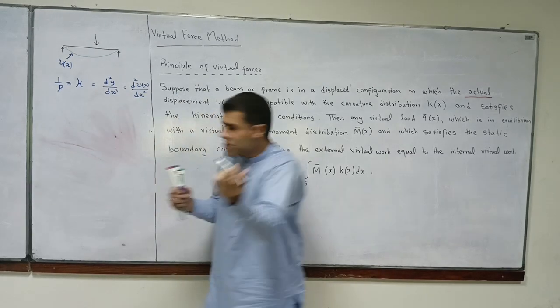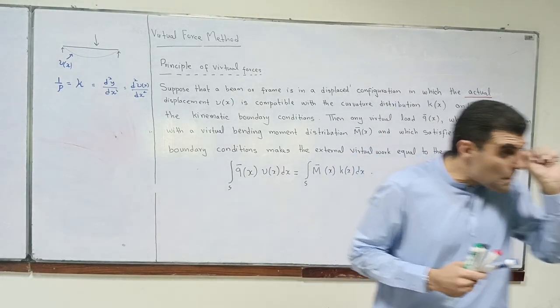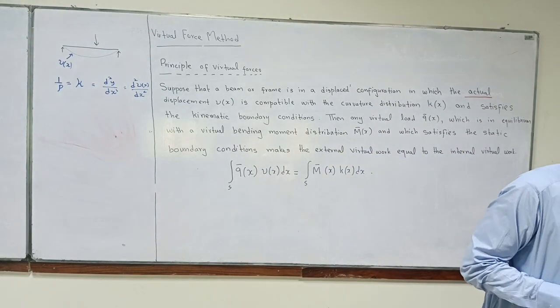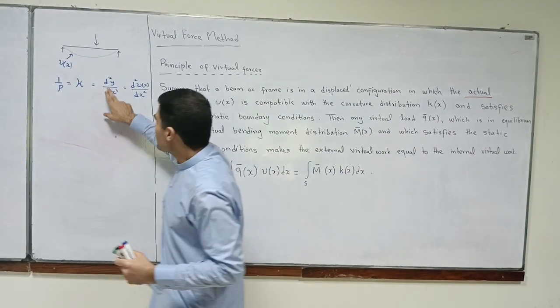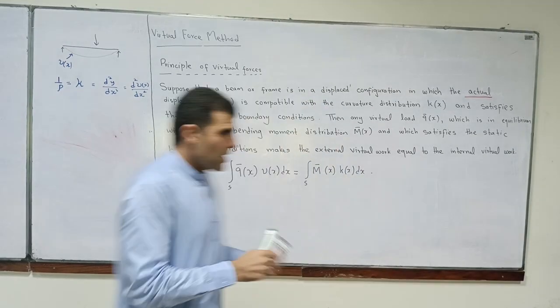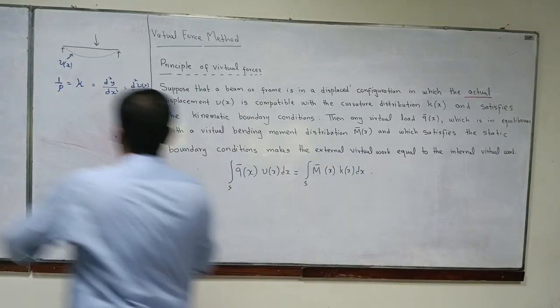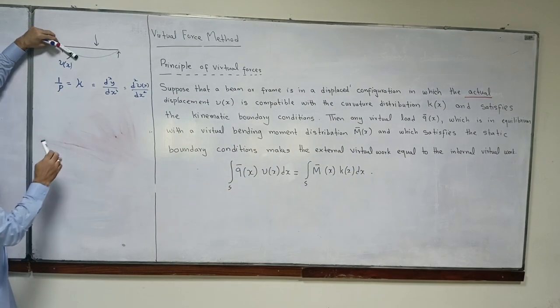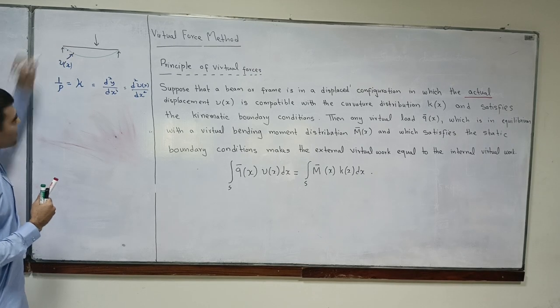So what does compatible mean? Compatible means that in your elastic curve, what does d2y by dx square mean? This means that it is the change of, imagine I've got 2 points, one is this one and one is this one.